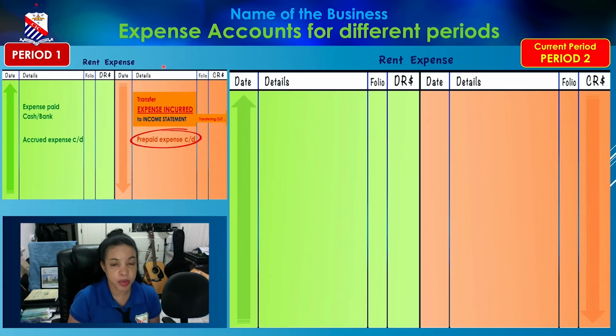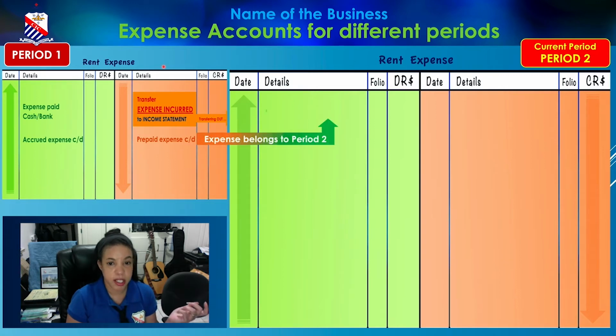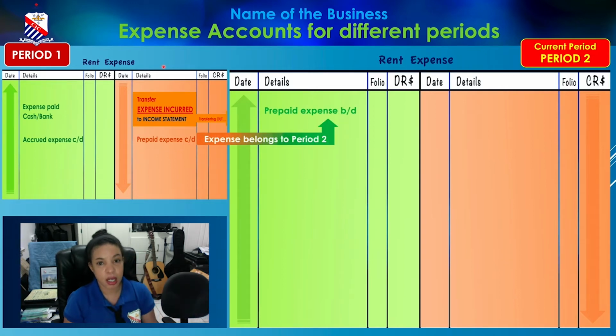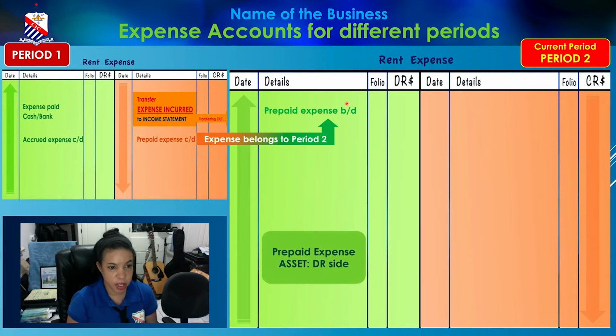And as we said, the prepaid expense at the end of the first period is brought across to the current period on the debit side as it is an asset. So you would see here carried down or carried forward, brought down or brought forward to the current period. And the same thing will go for the accrued expense.